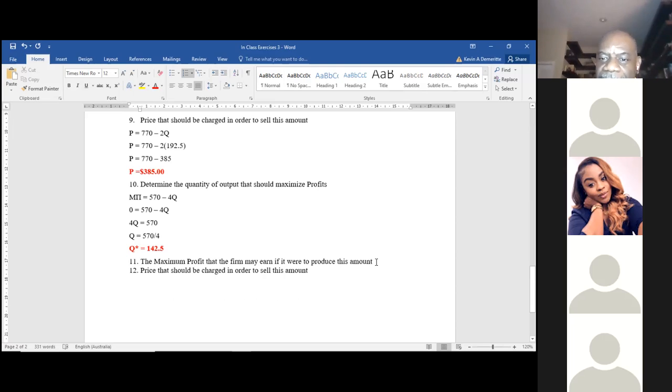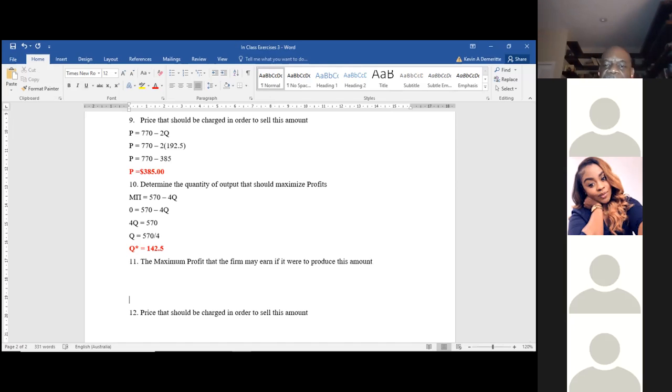How much profit will we be earning if we would produce and sell 142.5 units? So what's the maximum profit that the firm may earn if it were to produce this amount? What do I do? Right, so let's go back to the notes, see what it says.